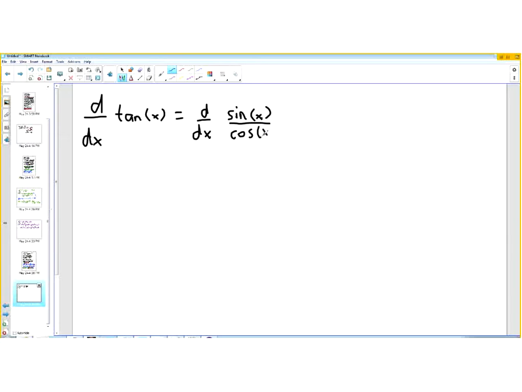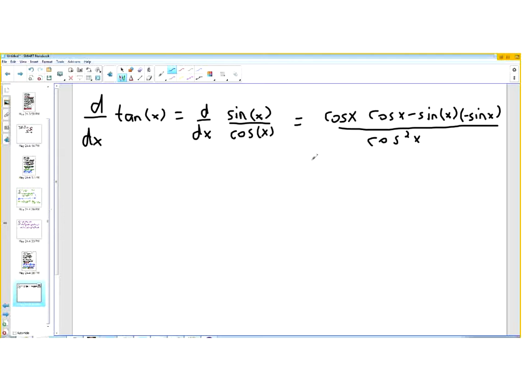And so instead of using the limit of the difference quotient, we can use the quotient rule for differentiation. Applying the quotient rule, it would be the bottom function times the derivative of the top function, which is cosine x, minus the top function times the derivative of the bottom function, which is minus sine x, which is what you're going to prove, all divided by the bottom function squared.